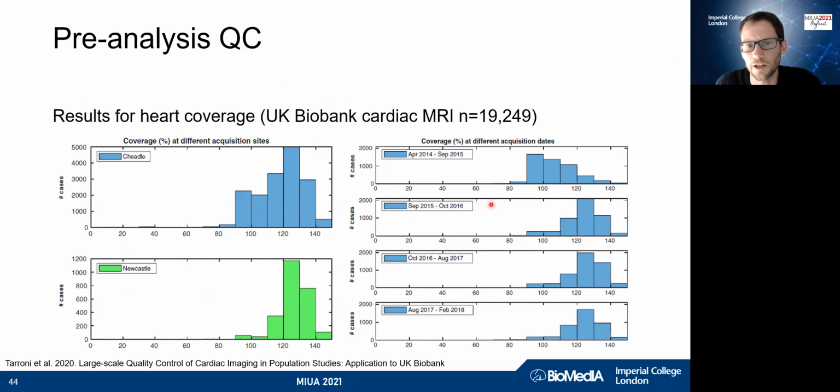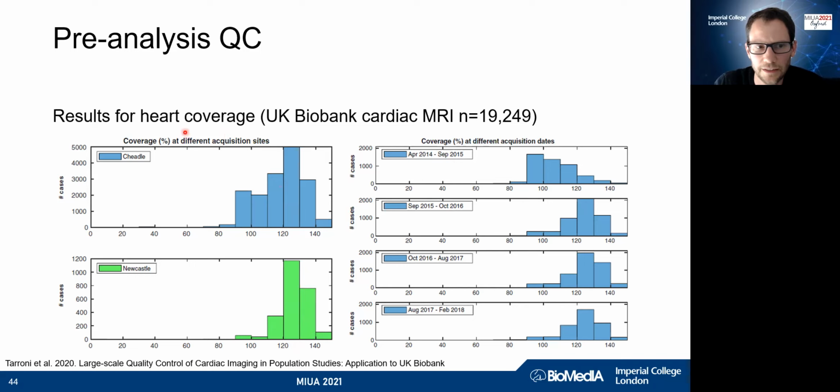This is really important in large-scale studies like the UK Biobank. For instance, what we could see with Giacomo's system is that there was a shift in the coverage of the heart in the UK Biobank cardiac MR scans. This was done over 20,000 scans between different sites. There are now three, I think, different sites where they acquire the data. You can do, for instance, a site-specific analysis and see that generally Newcastle, I think, who joined later as an acquisition site, had generally a higher coverage of the heart in the cardiac MRI scans.